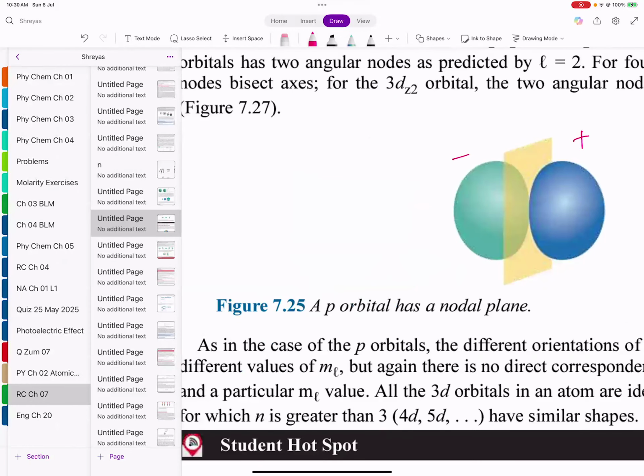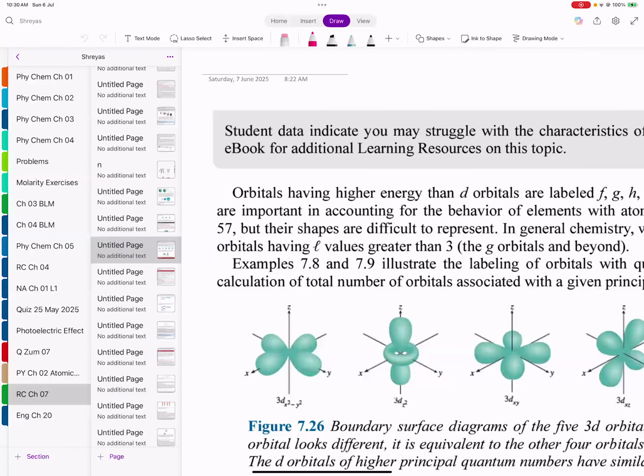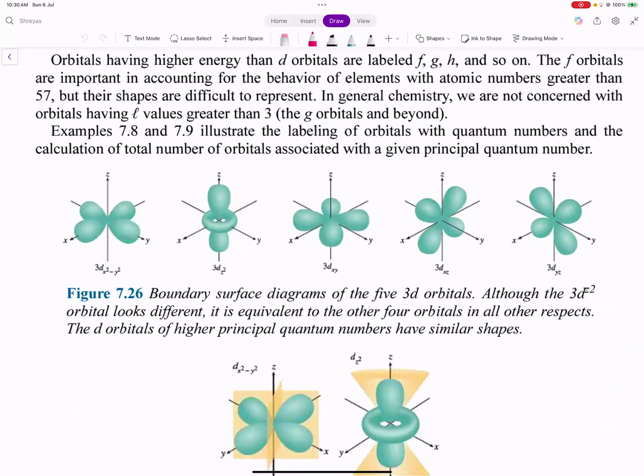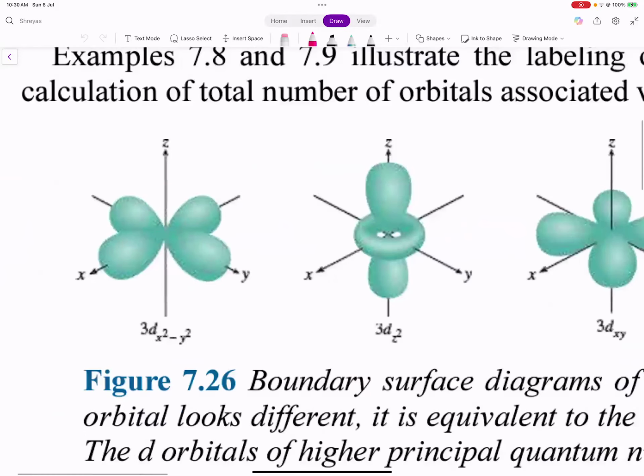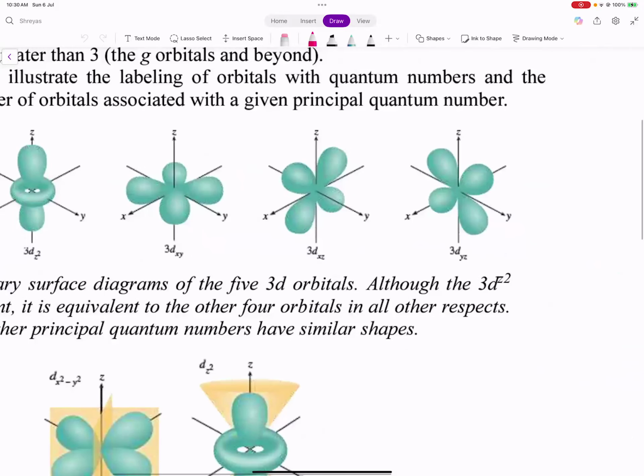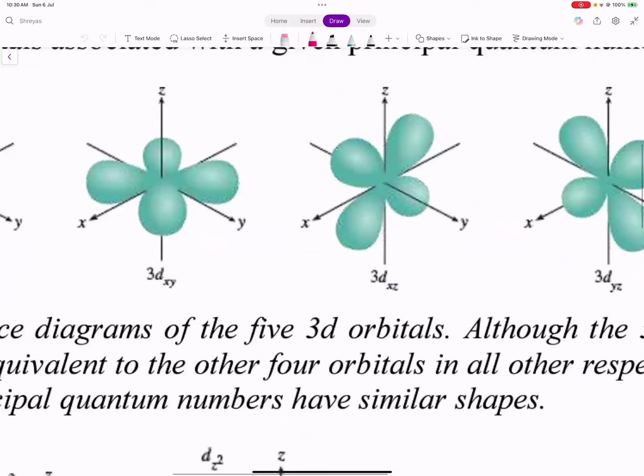And these are the d orbitals. What happens is these dxy, dyz, dzx, they are at 45 degrees to the axis. If we are drawing dxy, for example, then they will be in the xy plane and they will be at 45 degrees. dxz again, 45 degrees.